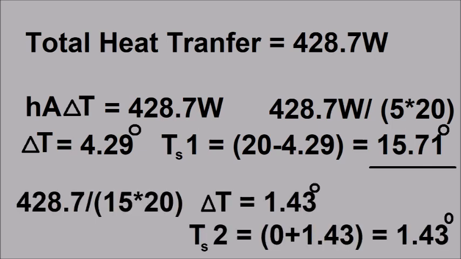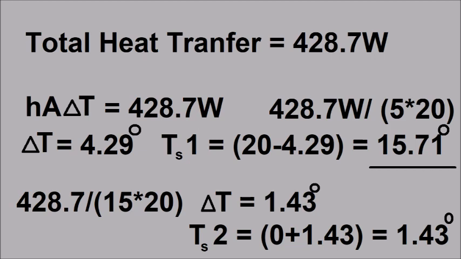We use this same method to determine the surface temperature of the outside wall. Since we know that 428.7 watts of heat is coming off the wall, we can divide 428.7 by 20, the surface area of the wall, and by 15, the heat transfer coefficient on the outside. We then get a difference of temperature between the outside wall surface and the outside temperature of 1.43 degrees Celsius.